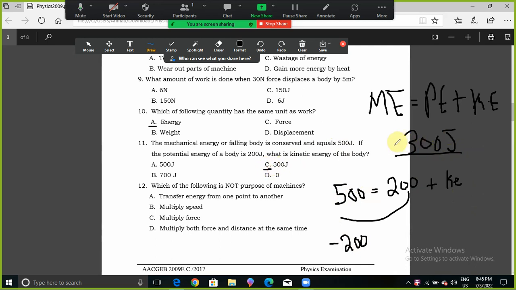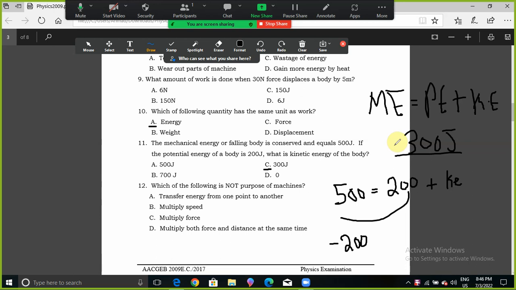Okay, now in question number 12, it says, which of the following is not a purpose of machines? Transfer energy from one point to another, or multiply speed, or multiply force, or multiply both force and distance at the same time. Actually, transfer energy from one point to another, yes, we are using machines for these things. And multiply speed, yes.